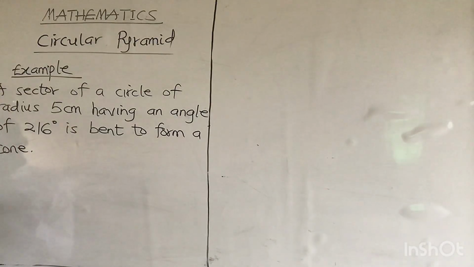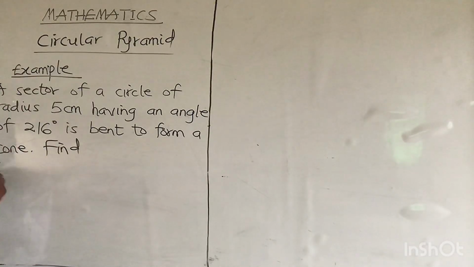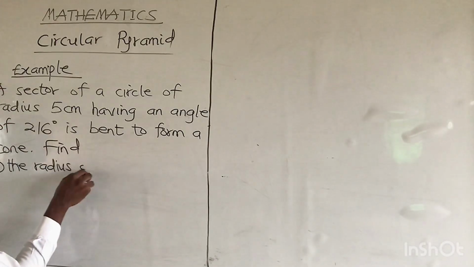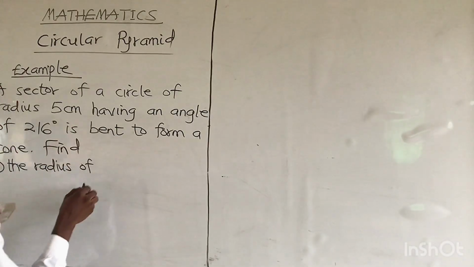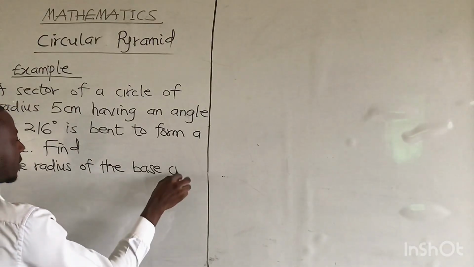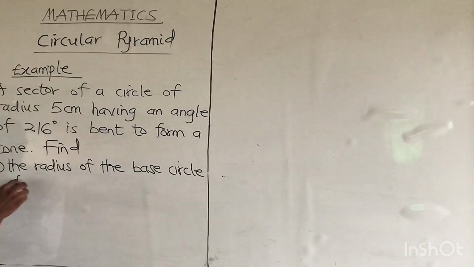Full stop. Find A, the radius of the base circle of the cone.